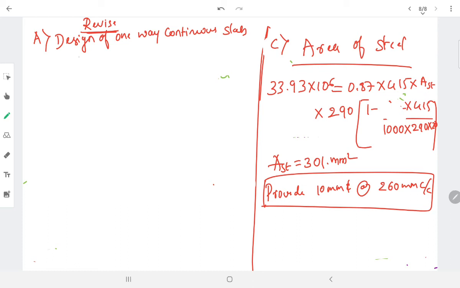There we have calculated the depth of the slab, and the bending moment in the support as well as the span moment. Afterwards, for the same we have designed the area of steel required for support and span.